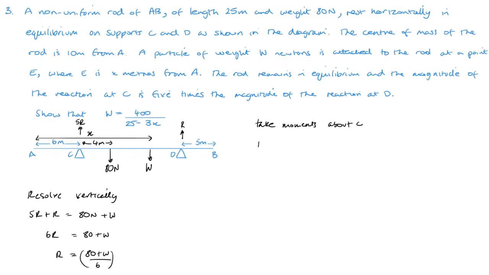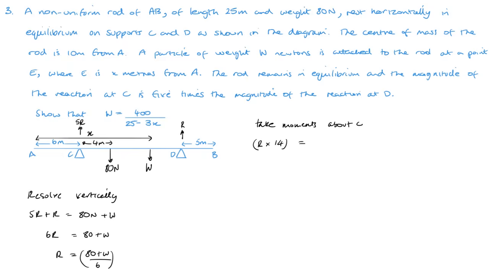So R times 14, because 25 meters, so C is 19 meters from B, and then this is 5 meters, so there is 14 meters in between these two.